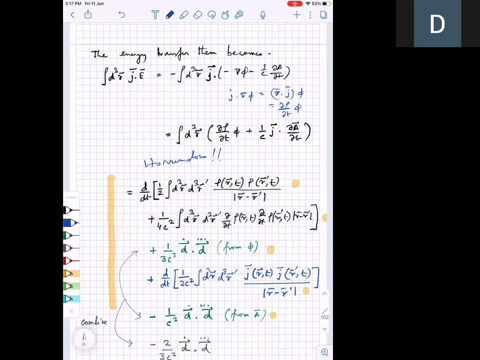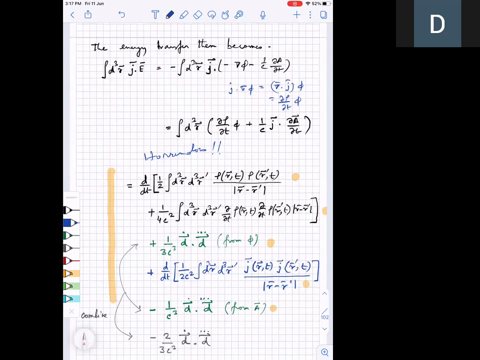So now you see something nice has happened over here, if you are careful. There is a 1 by C cubed D dot D triple dot on the top coming from phi. And there's a 1 by C cubed D dot D triple dot coming from A. So I can combine these two to get something which is minus 2 by C cubed D dot D triple dot.